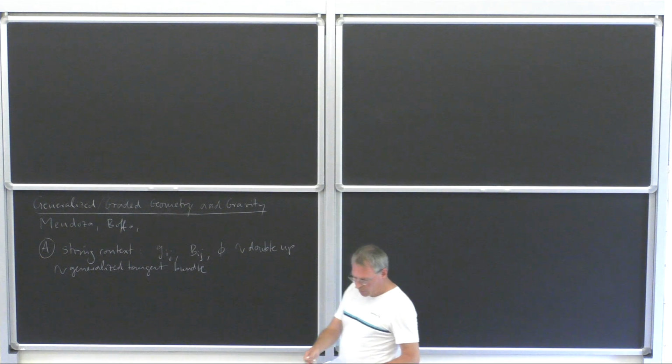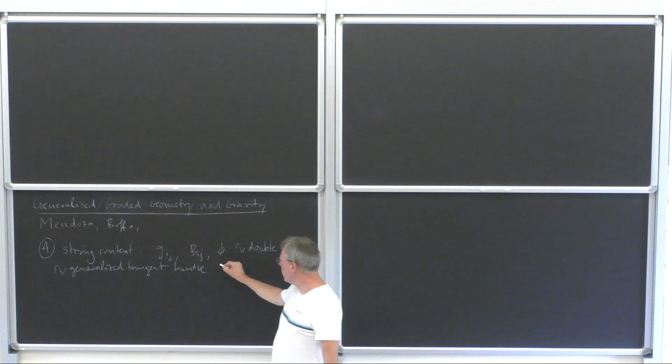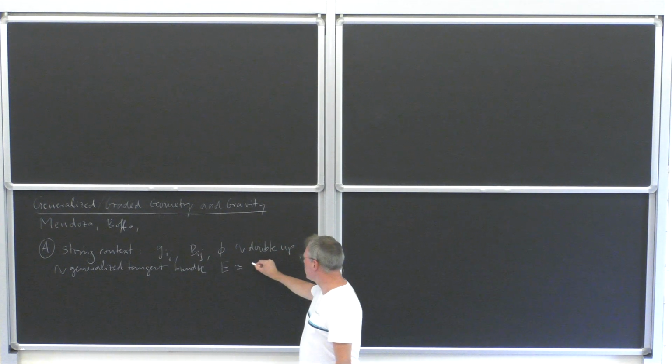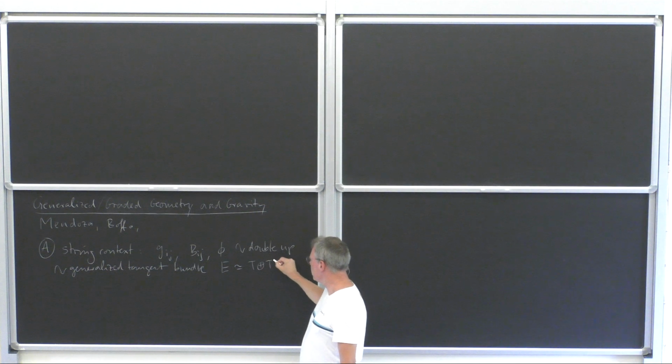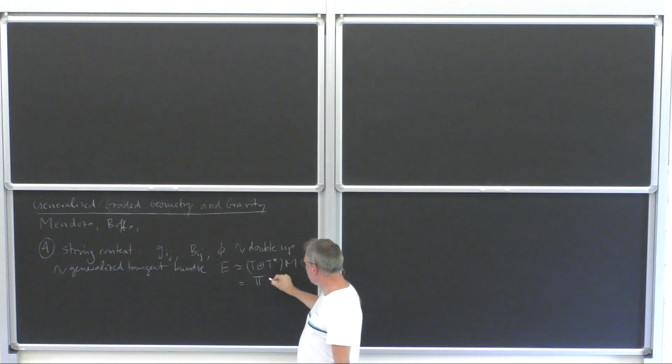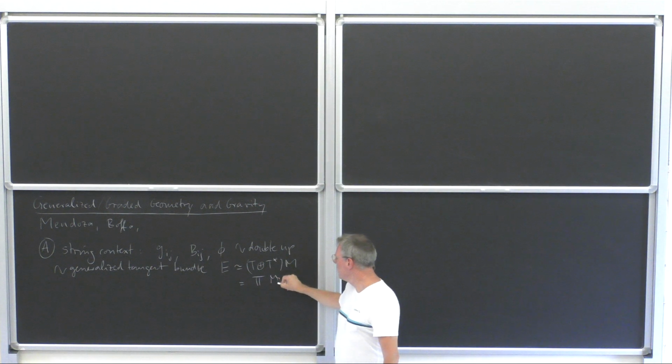Which in this talk is going to be mostly the usual one, canonical T plus T star M, or short double T M.